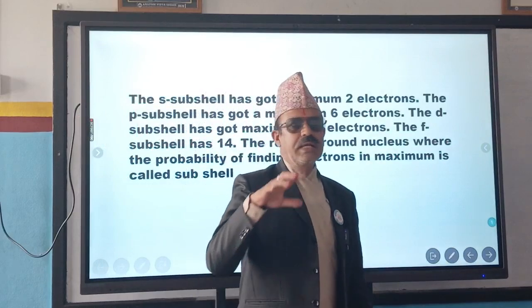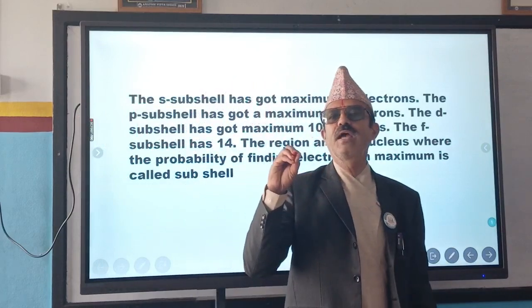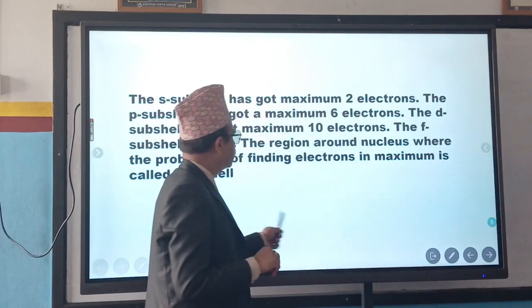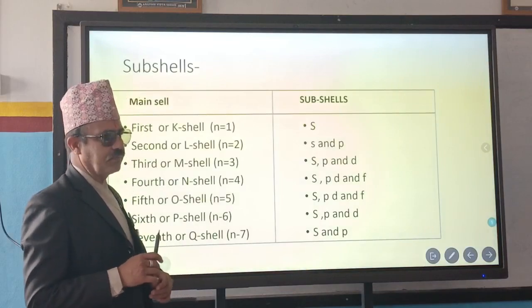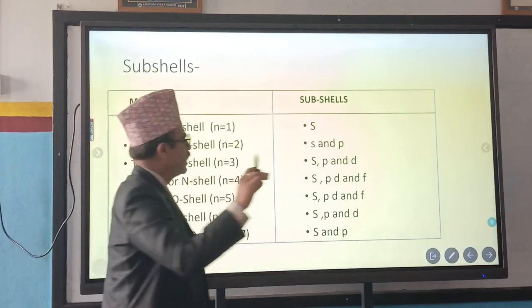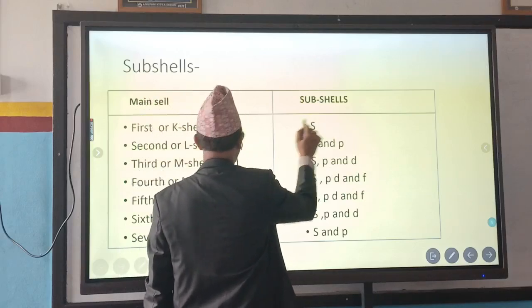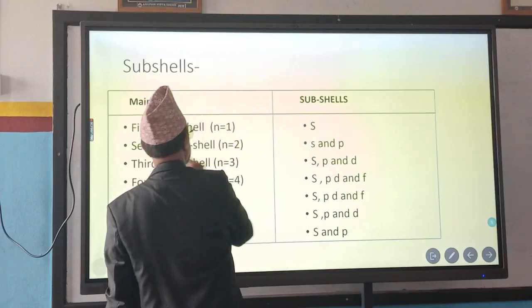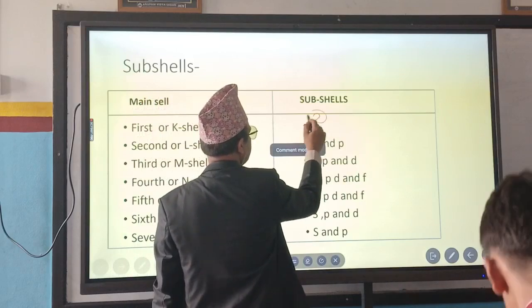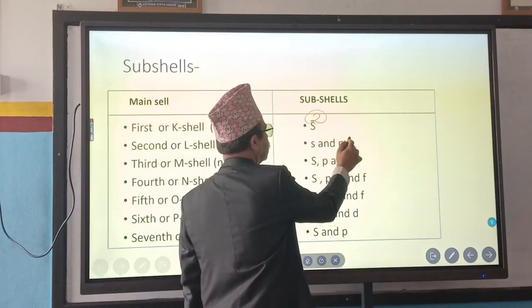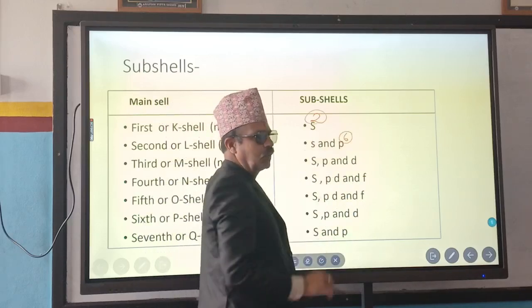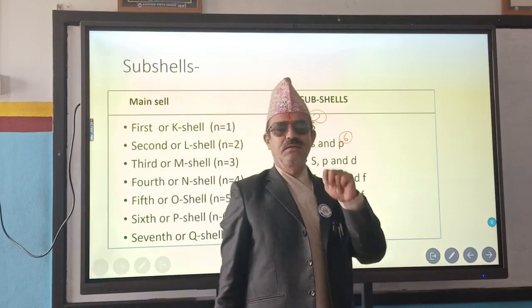Before that, electron holding capacity of SPDF. How many electrons can be kept maximum in S, P, D, and F? Very simple. In S, how many can be kept? 2. In S, we can keep maximum 2. In P, 6. 4 difference will be there. Now make the concept clear.